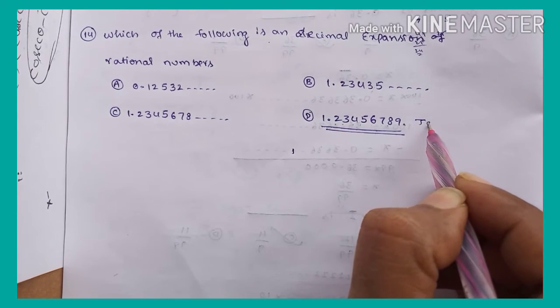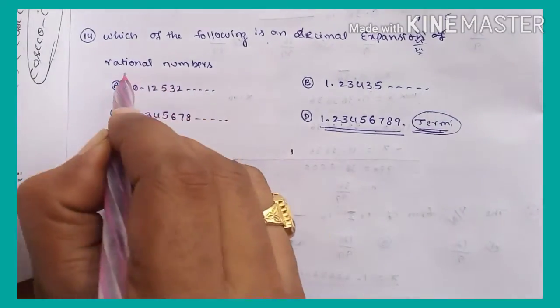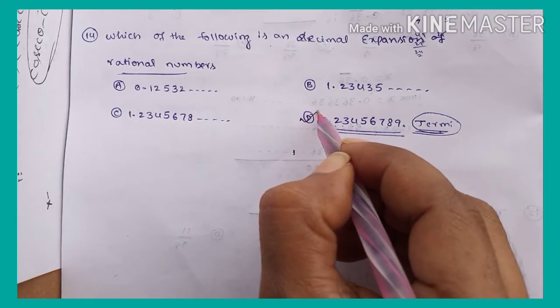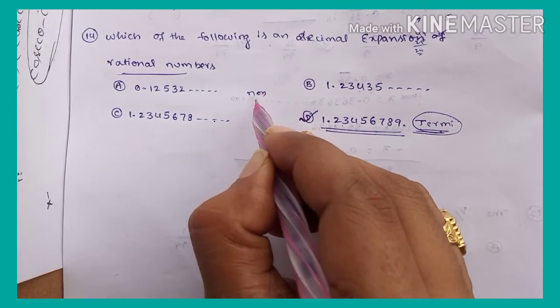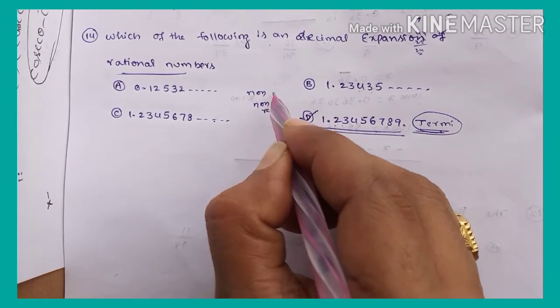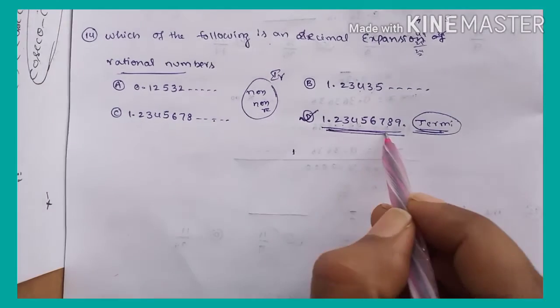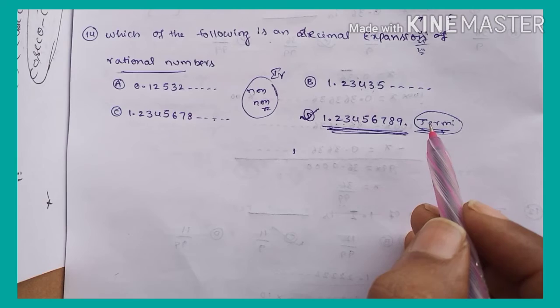Any terminating decimal number can be written as a rational number. So option D is correct. The remaining three are non-terminating, non-recurring numbers. These are called irrational numbers. Only the numbers which are terminating can be written as rational numbers.